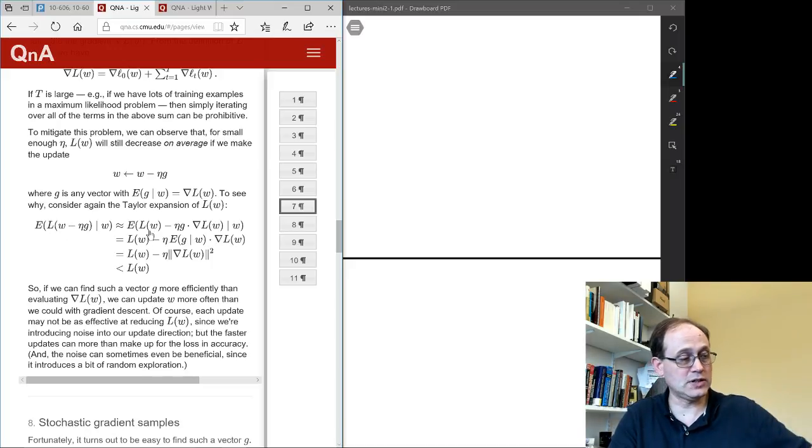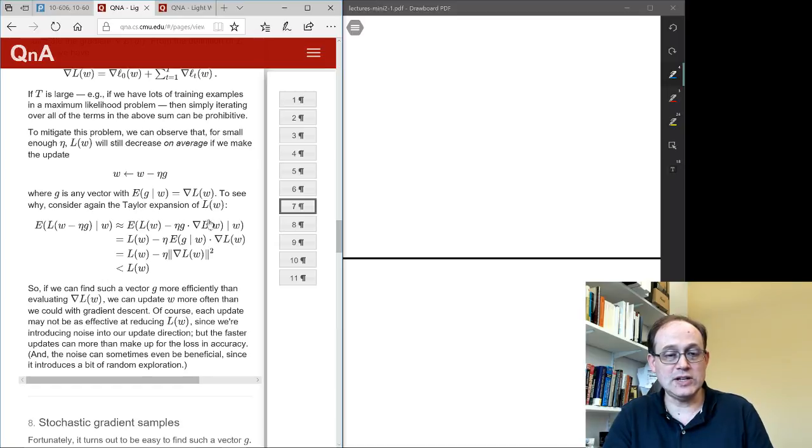So the Taylor approximation says that it's going to be L of W, that's the point at which we're making the Taylor expansion, plus the gradient of L at W, that's the first order term of the Taylor expansion, dotted with the change, and the change is minus eta times g, right?